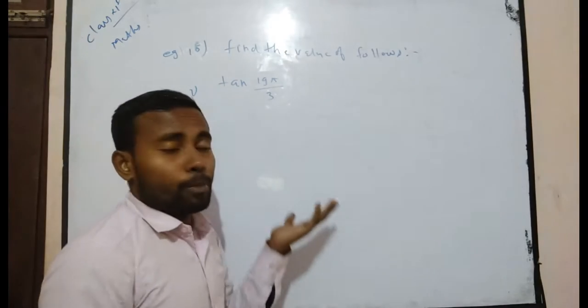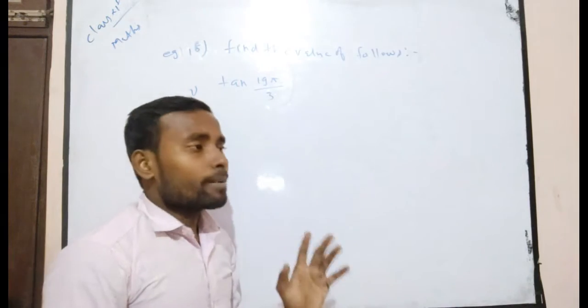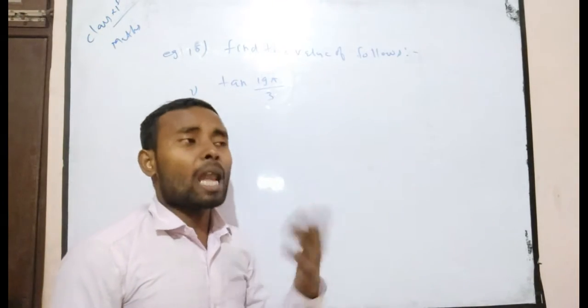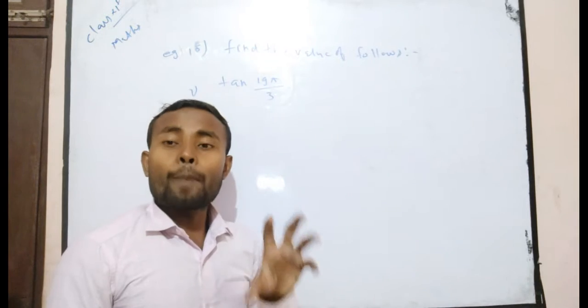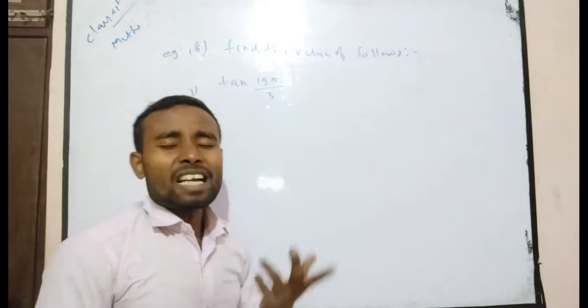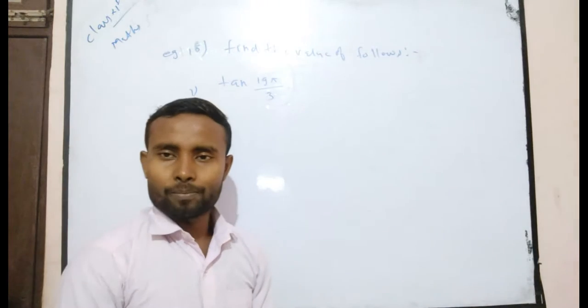Then how can you solve this problem? This is very simple. First of all, you have to convert this angle with the help of the 2n pi plus theta formula into an angle which lies between 0 to 360.